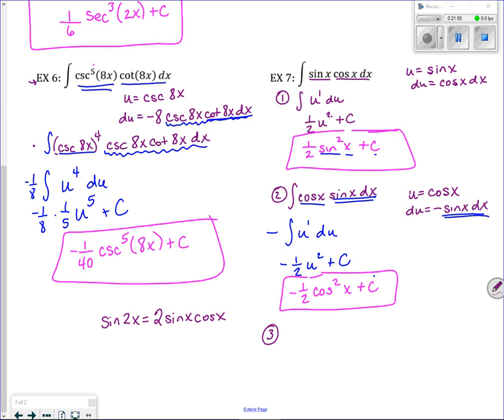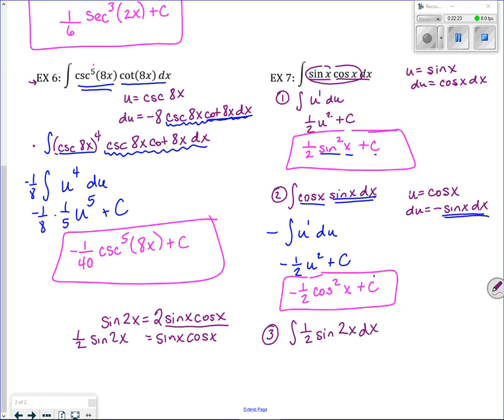Yes? So if I just had sine of x cosine of x, I really could write that as 1/2 of the sine of 2x. So I could rewrite this whole problem of sine of x cosine x as the integral of 1/2 sine of 2x.